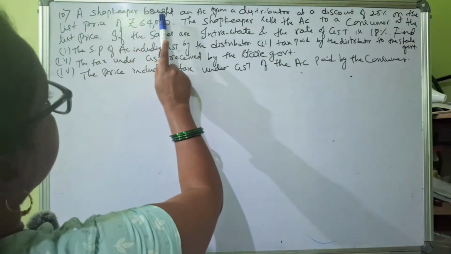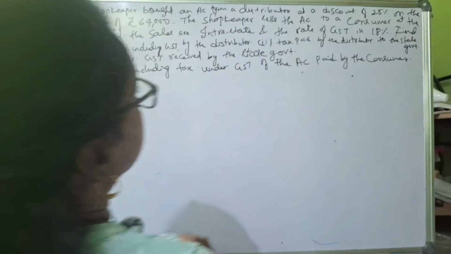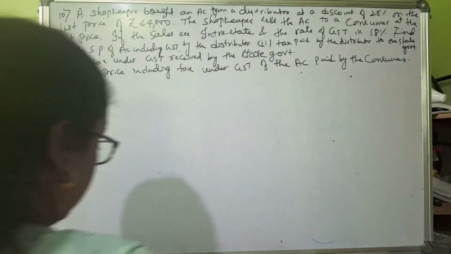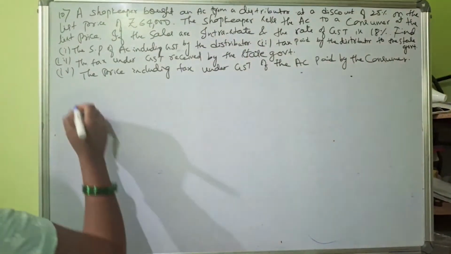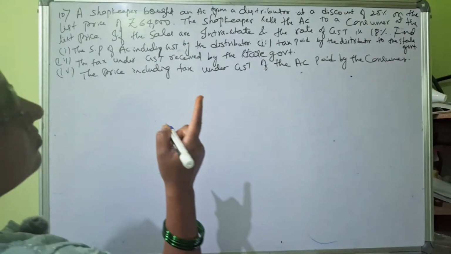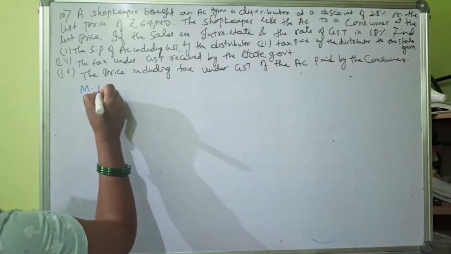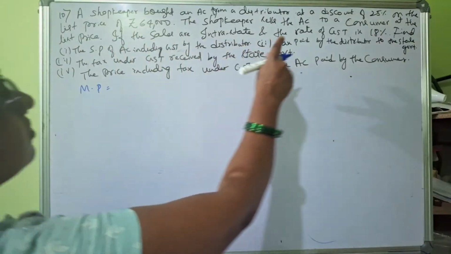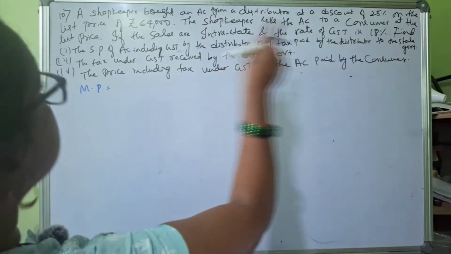A shopkeeper bought an AC from a distributor. So the market price is at a discount of 25% on the list price.